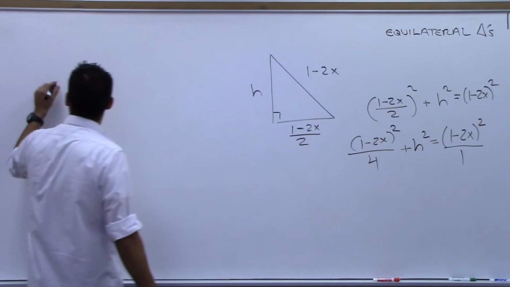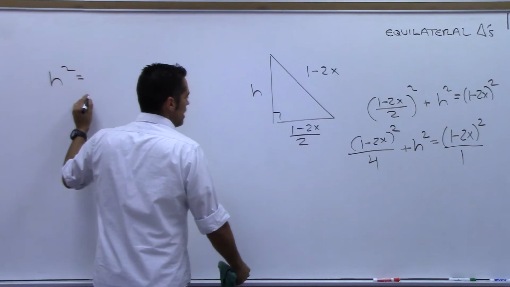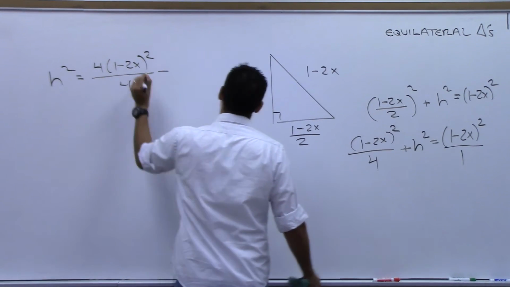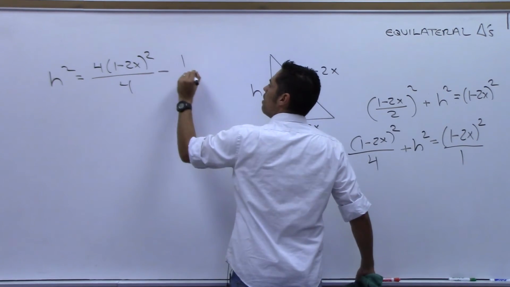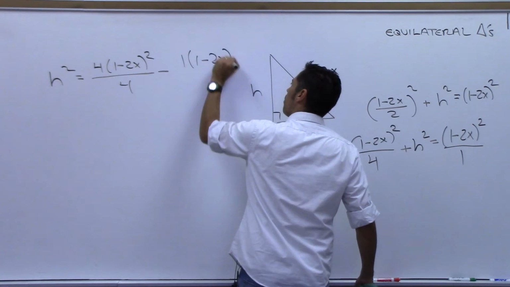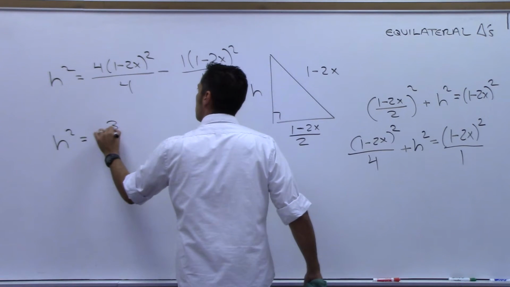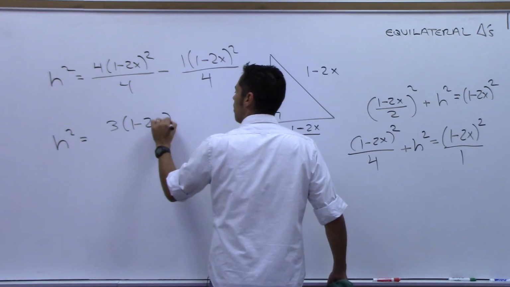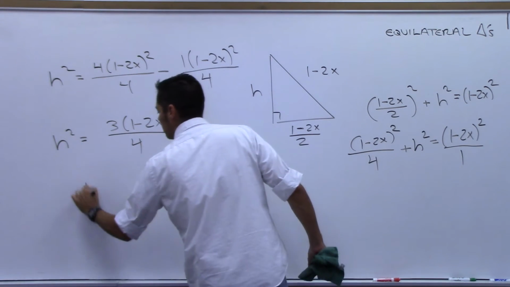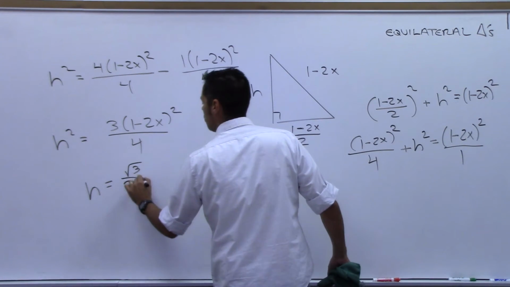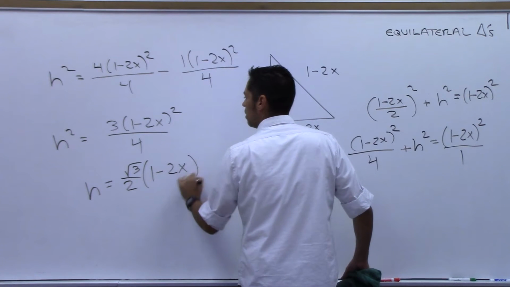And when I do that, I would get h squared equals 4 times (1 minus 2x) squared over 4, minus, I brought this one over, one of those (1 minus 2x) squareds over 4. And how many of those do I have then? 3 of these (1 minus 2x) squareds over 4. And then I take the square root and I get root 3 over 2 times (1 minus 2x).